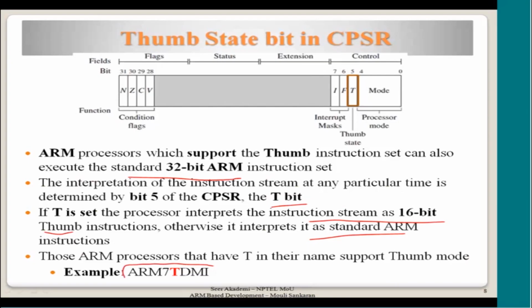If you see a T in the name, that means it supports thumb state. So we are learning about ARM7TDMI, which I explained earlier. T corresponds to the thumb state support provided by this core.